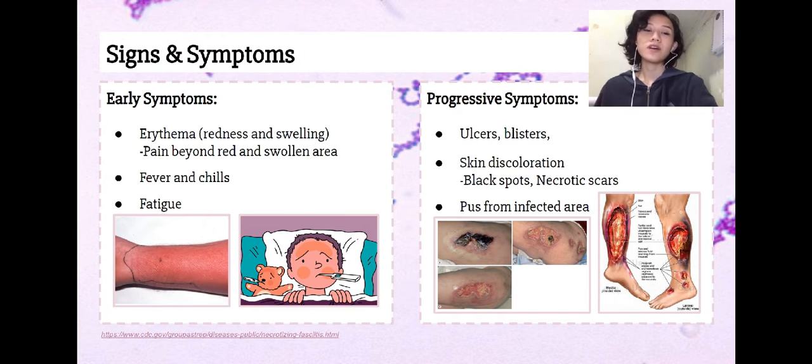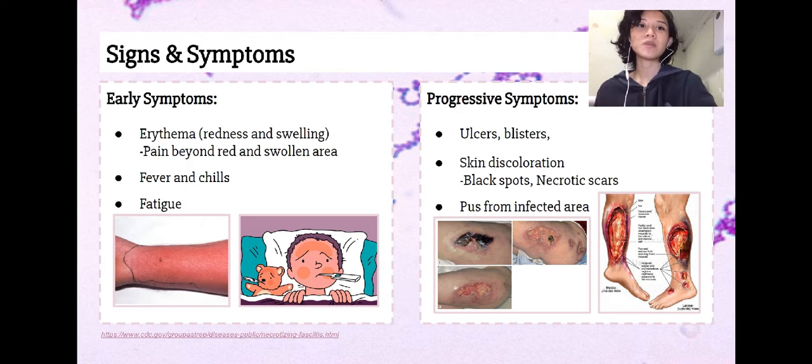A lot of other infections have the same symptoms as necrotizing fasciitis, so it can be quite difficult to comprehend, although it does spread in a rapid amount of time. Early symptoms include erythema, which is redness and swelling of the skin. The individual may also feel severe pain beyond this red and swollen area.